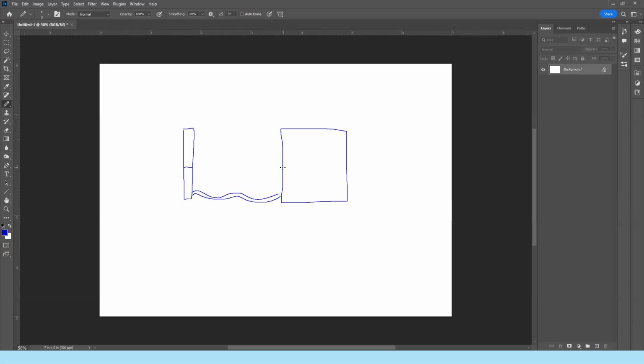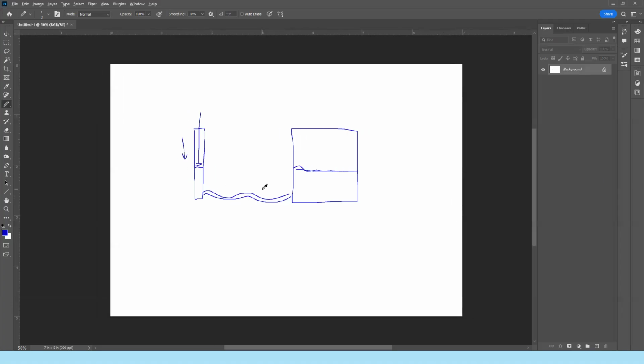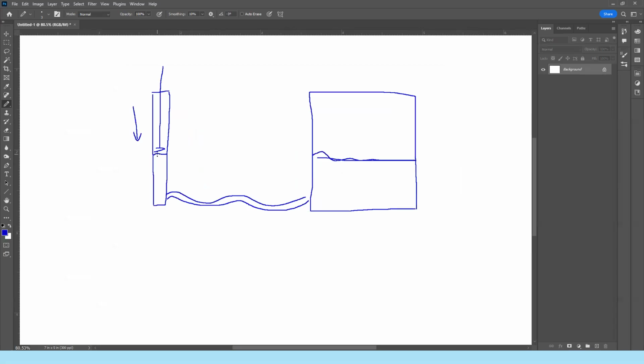There's also a certain amount of fluid here, a piston and a plunger, and we're going to push this down. If we push this plunger a certain distance from here to here, we're going to displace that amount of fluid in this small cylinder.